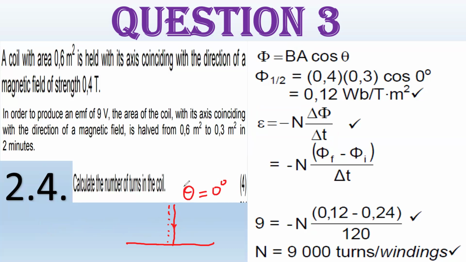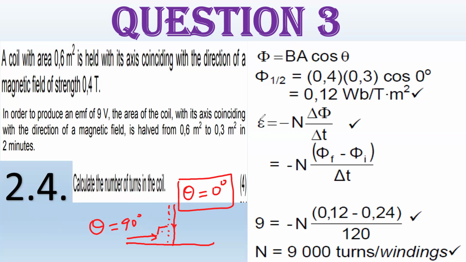Sometimes the angle will be given, but sometimes they say perpendicular. If it is perpendicular, 0. If the magnetic field is parallel to the surface, it means perpendicular to the normal. The angle will be 90 degrees, and cos 90 is 0, so you get 0 flux. But our formula is BA cos angle.